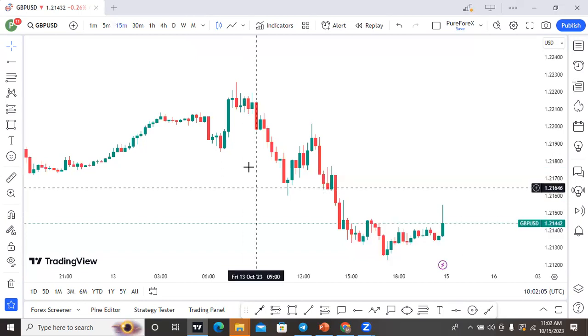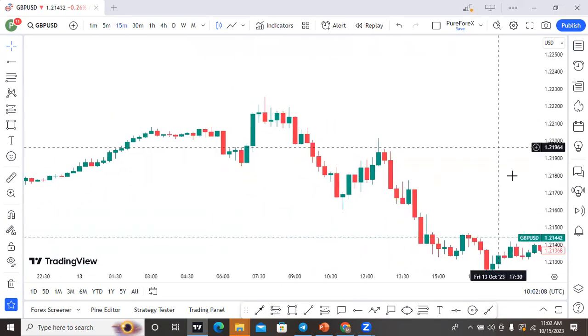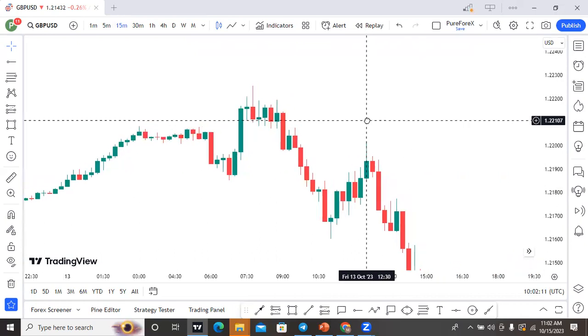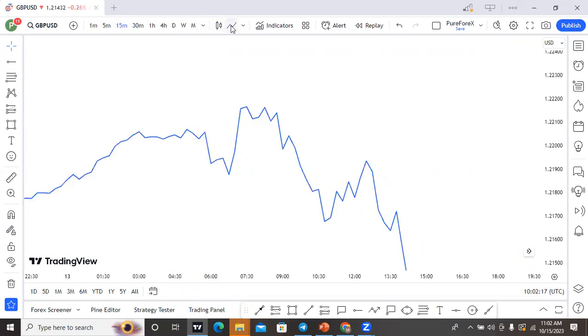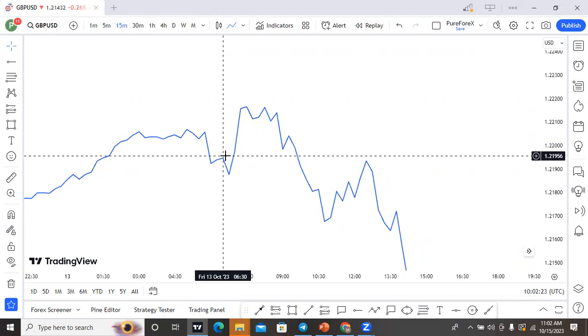All right. So when you look at this particular concept here, this chart pattern, we have what we call a Quasimodo reversal. If you change to the line chart, as a beginner, always go to the line chart. When you go to the line chart, the market is not going to present the Quasimodo as clean as the one I did in the drawings.